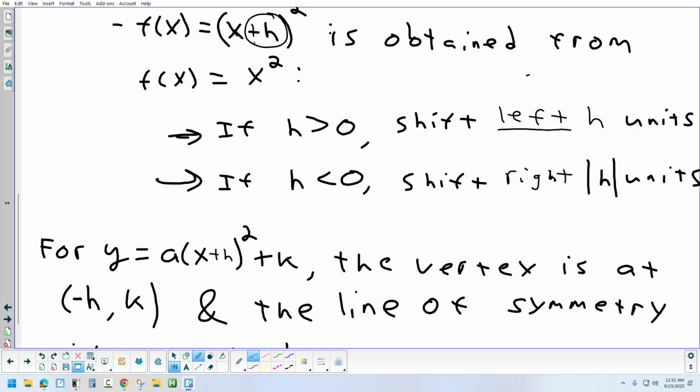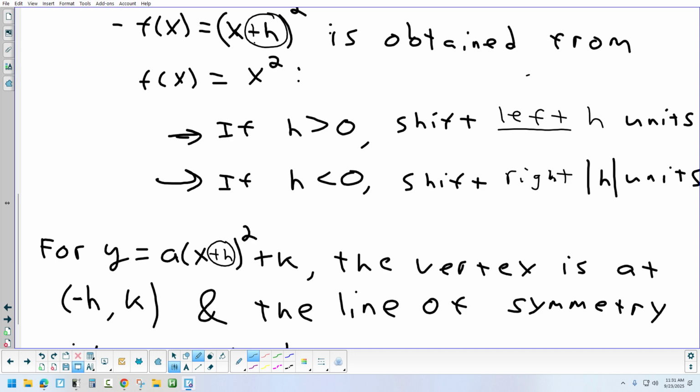Multiplying by a number in front has no effect on the vertex. Okay, that's a vertical stretch. Doesn't affect the vertex at all. H and K are the only 2 things that affect the vertex. But what you have to remember about H is it moves in the opposite direction that you would think.